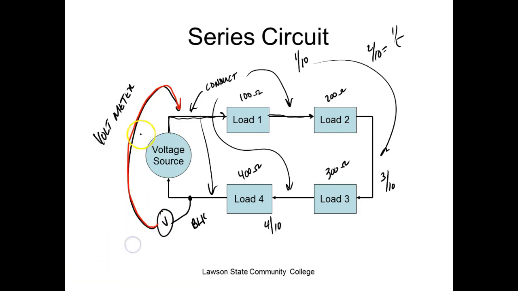Now, we rate these things in how much push is available. So a car battery, how much push is available? 12 volts. So if you went out there with your voltmeter and put it across your car battery, when your engine's not running and it's been sitting overnight, it should measure 12 volts. Makes sense?